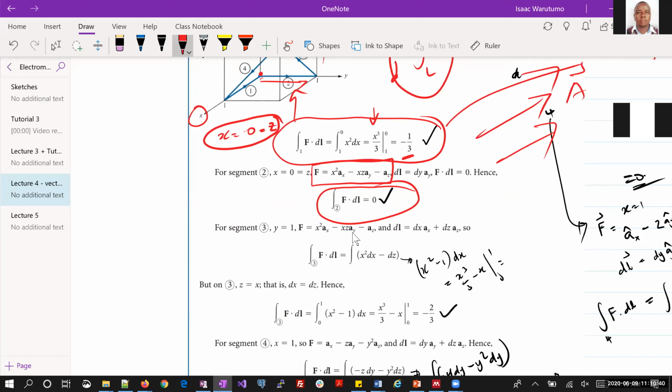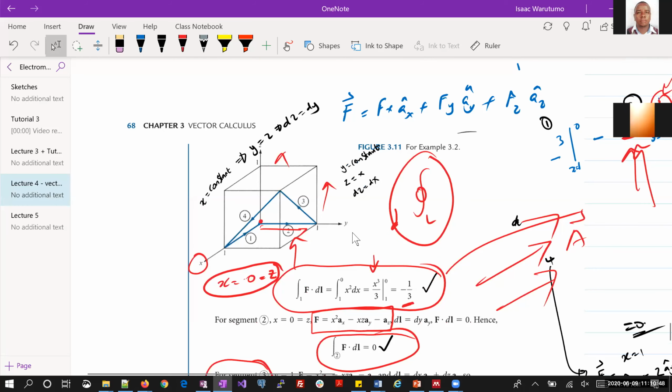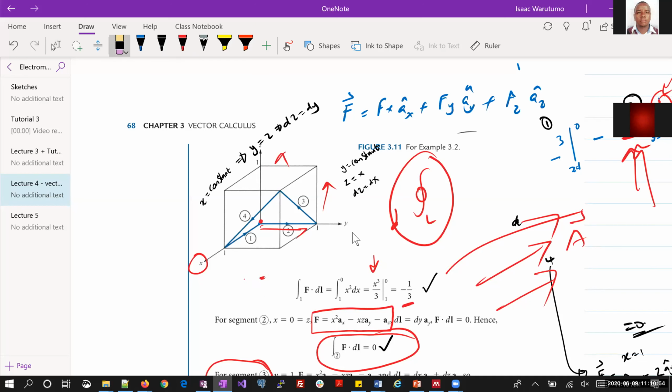So we have found those two terms, and now you can do path 3. For path 3, all you need to know is the following. This becomes my path 3.